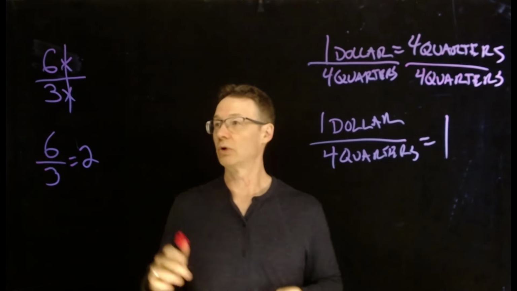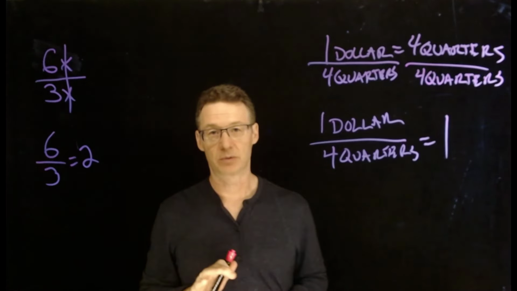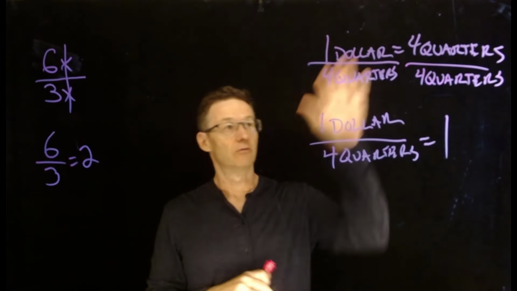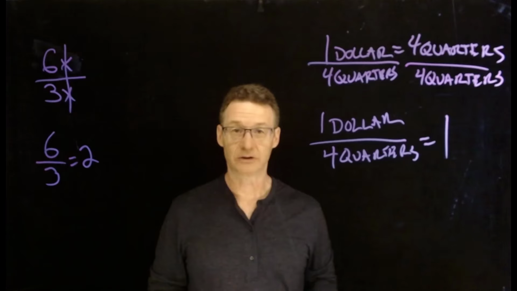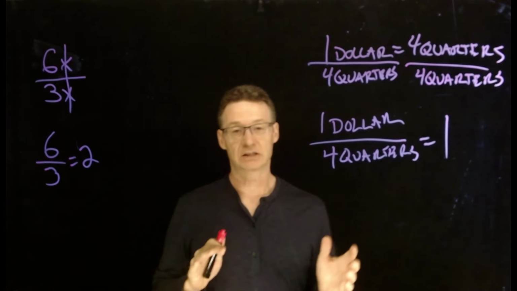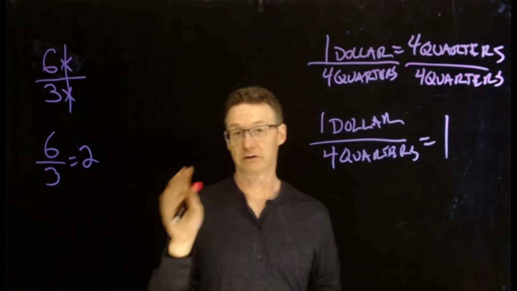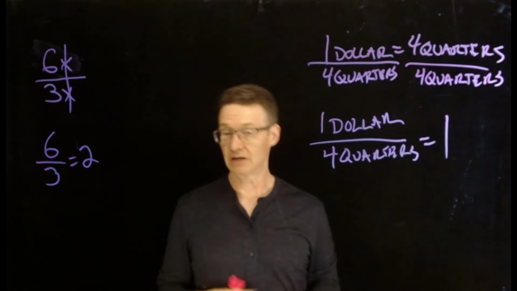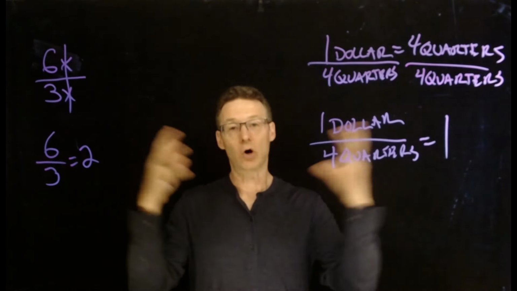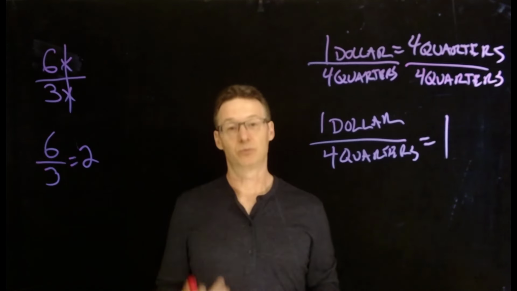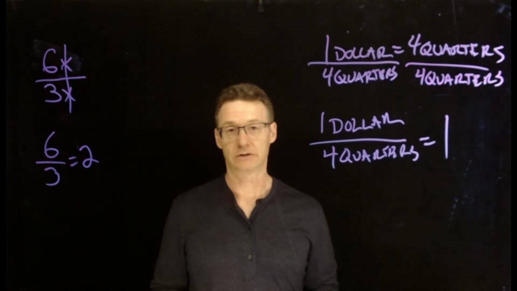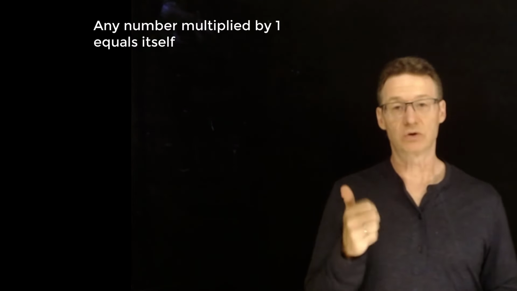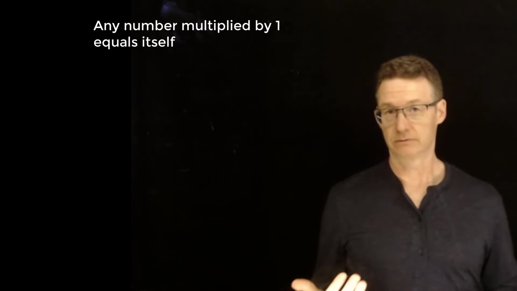So we're going to take canceling out units that appear on the top and the bottom, different units of the same value on the top and the bottom, the two facts that we learned earlier about multiplying a value times 1 and ratios with the same value on top and bottom being equal to 1, all of these come together to allow us to perform dimensional analysis. So let's recap. Any number multiplied by 1 equals itself.